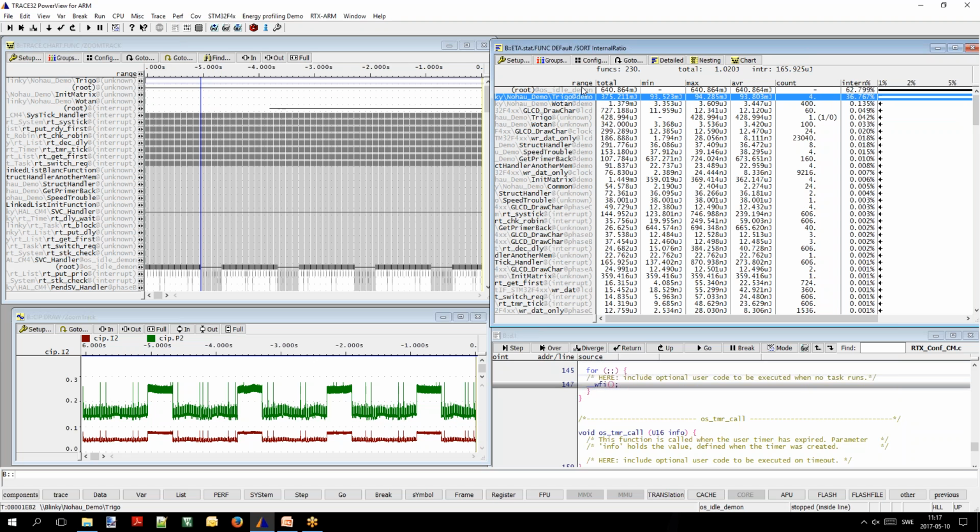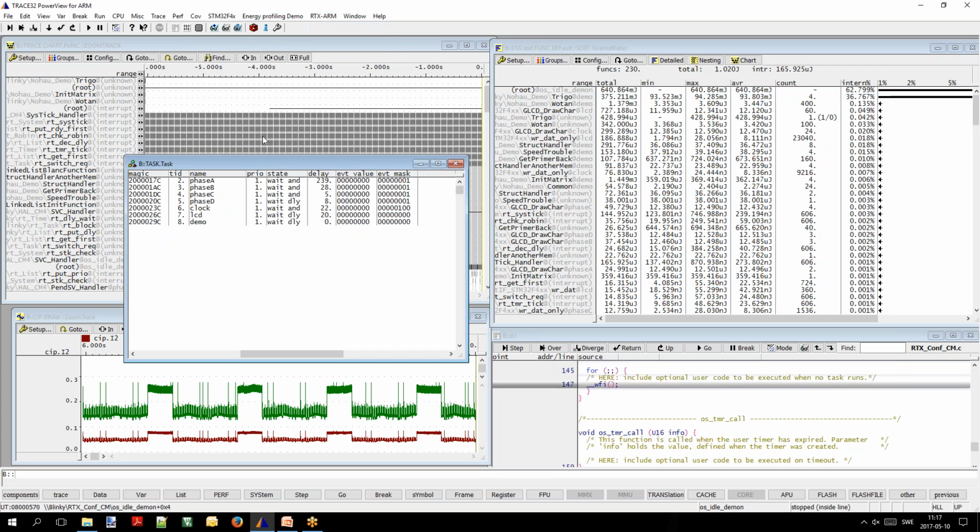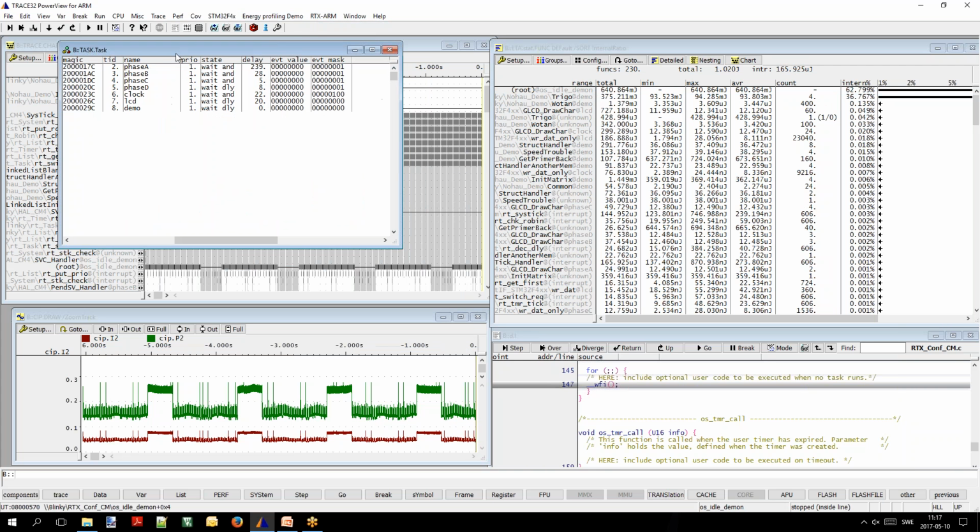First of all, sorry, let me just tell a few things regarding my application and what we're looking at. The application I'm measuring on is using an RTOS which is called RTX. I've made Lauterbach aware that I'm using this RTOS, so therefore I get the RTOS awareness menu. This will show which tasks I have in my system.